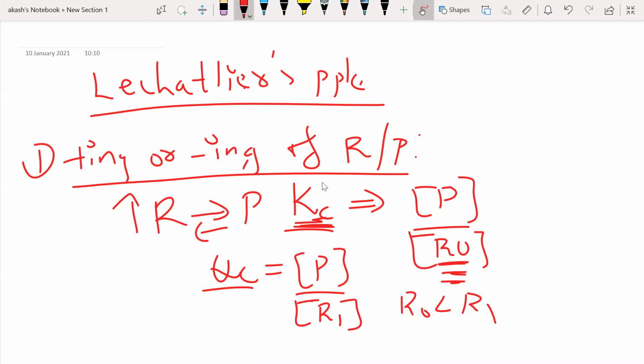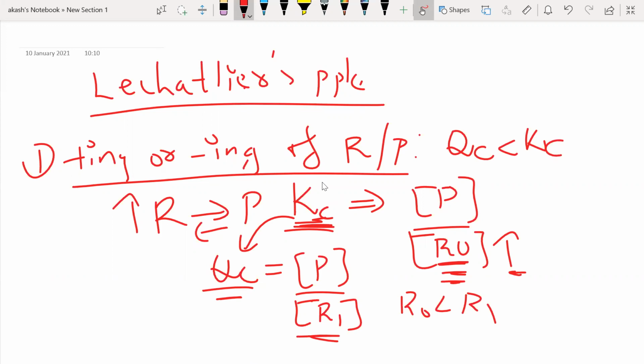What I'm basically doing is increasing the denominator. So if I increase the denominator, obviously this value, Qc, would have decreased. So what you see here is Qc is less than Kc.